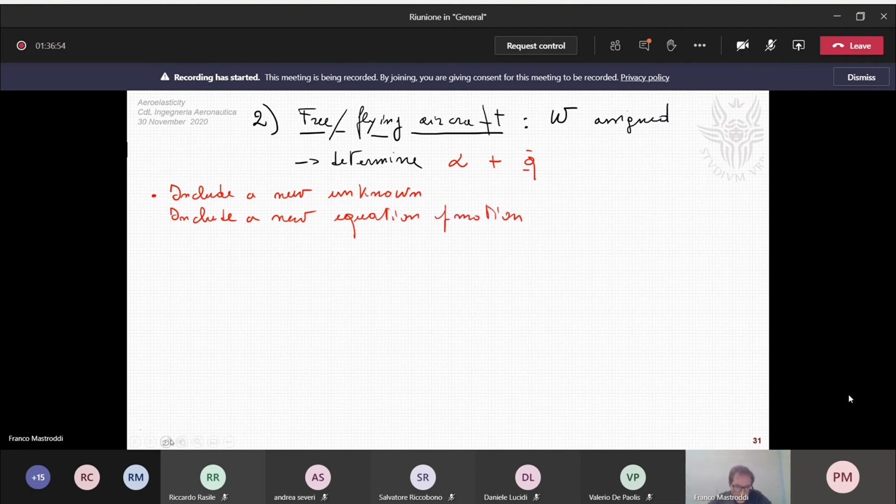The new unknown is the angle of attack. The new equation is the vertical rigid body motion.